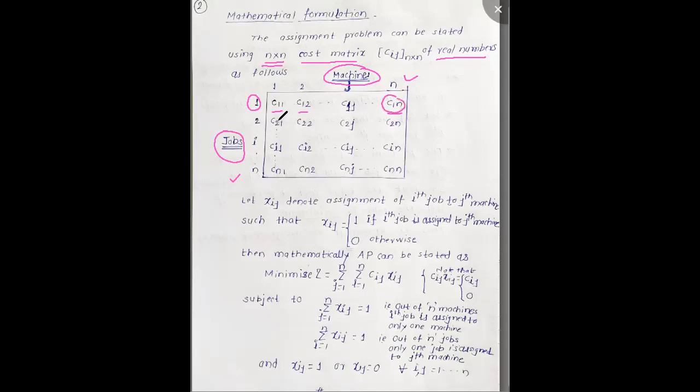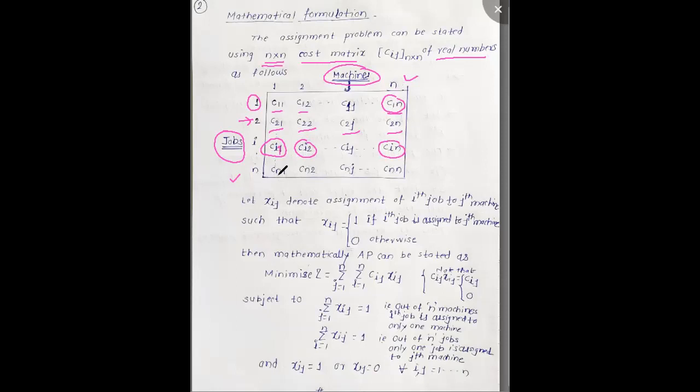Then second row, costs of performing second job on the first machine, second machine, third machine, sorry, jth machine and nth machine. This is the general row. Ith row, that is the cost of performing ith job on the first machine, Ci1. Cost of performing ith job on the second machine, Ci2, and so on. Last is the cost of performing ith job on nth machine.